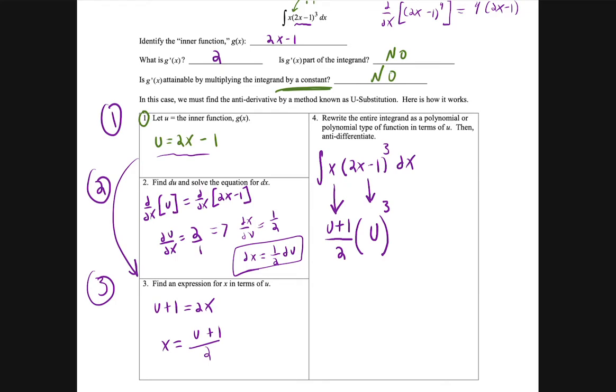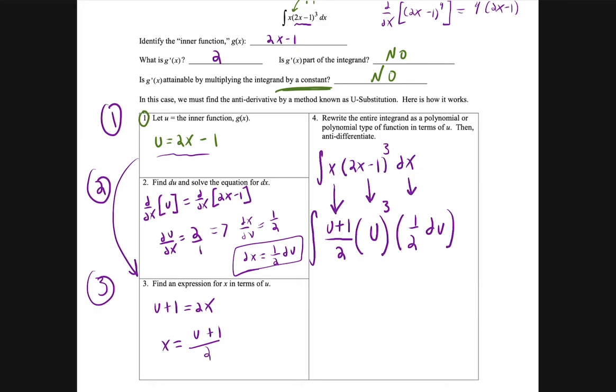And here is why this is going to be super helpful. If we go ahead and replace dx with 1/2 du, now we have this integral expression that only has u and du.